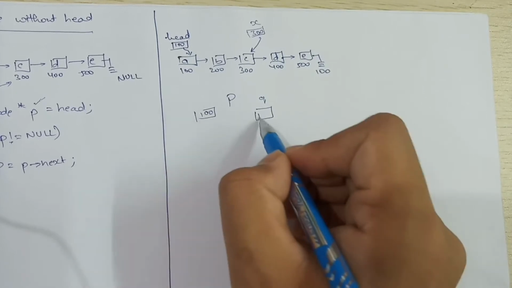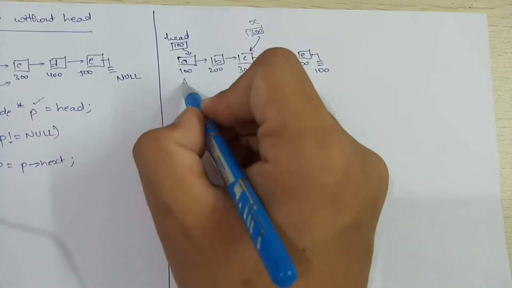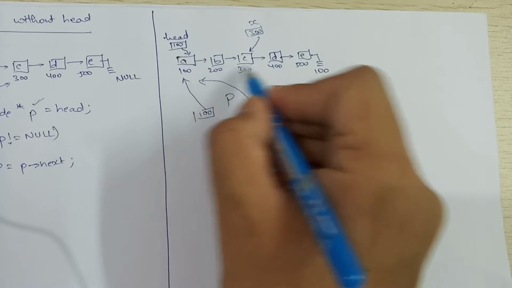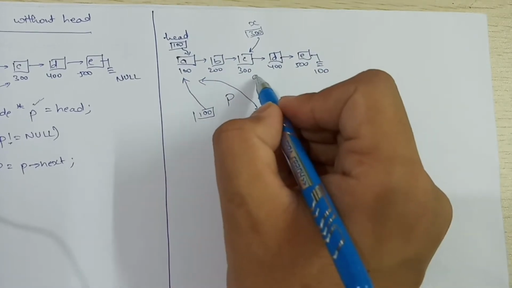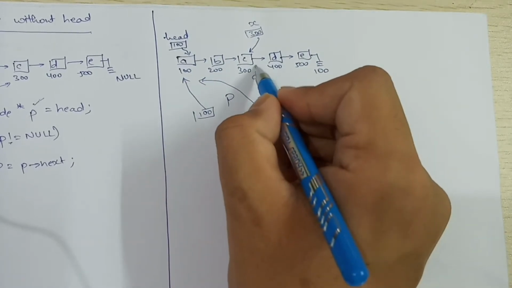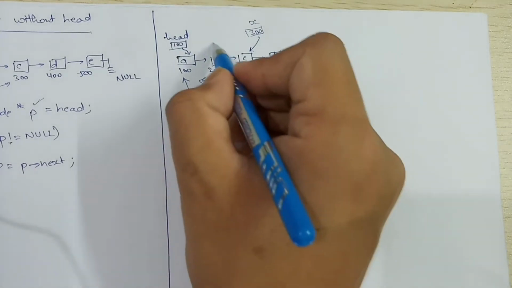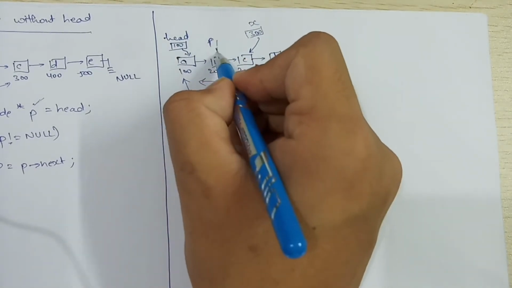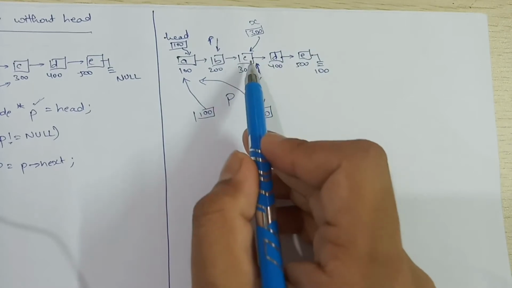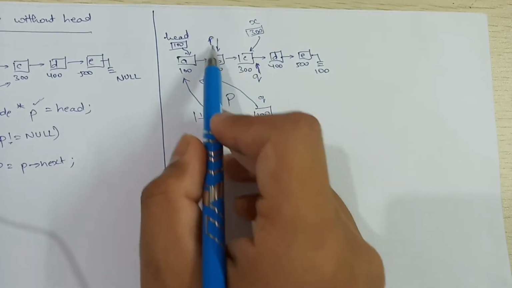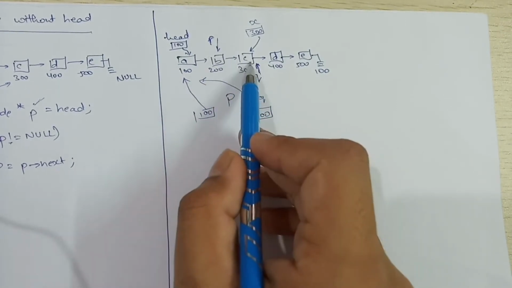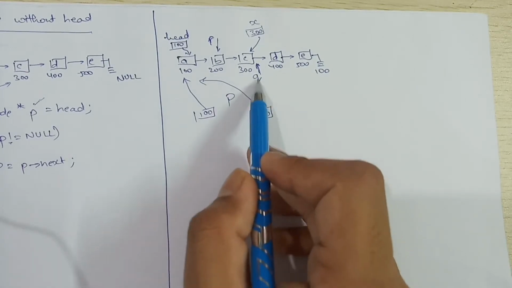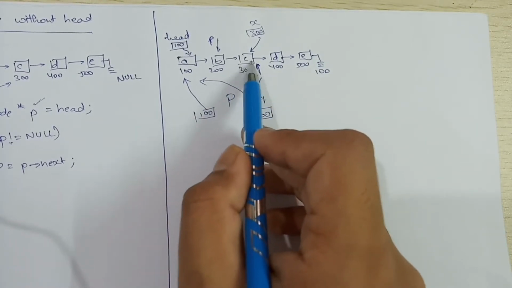First you point them to the first node of this linked list, and then you traverse in such a way that q starts pointing to the node which you have to delete, and p starts pointing to the node before that node. So p is holding the node before the node which has to be deleted, and q is pointing to the node which has to be deleted.